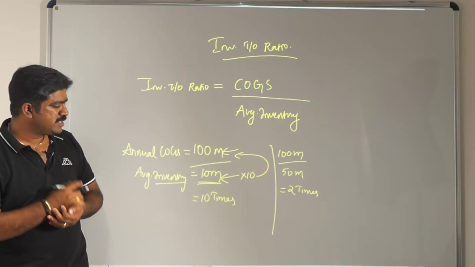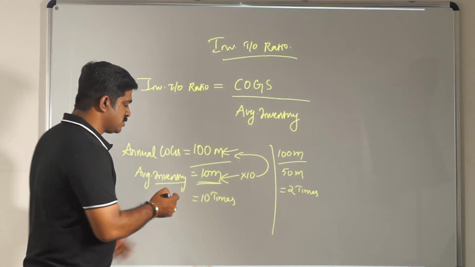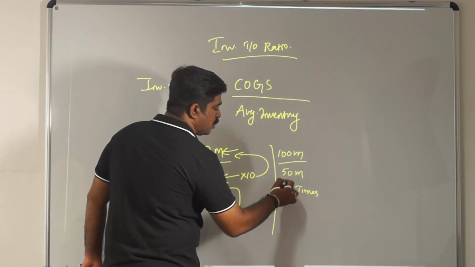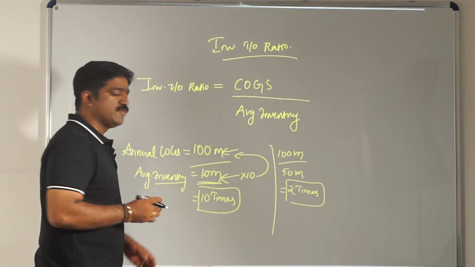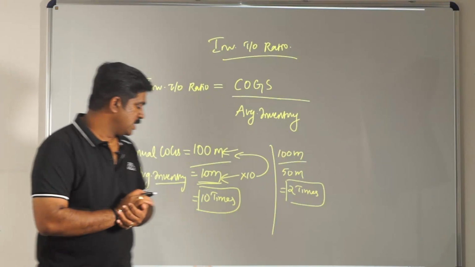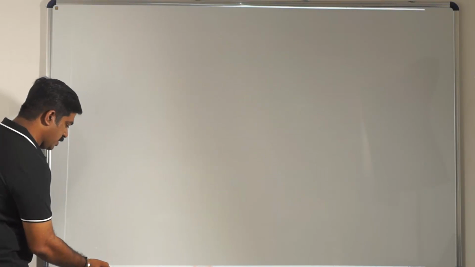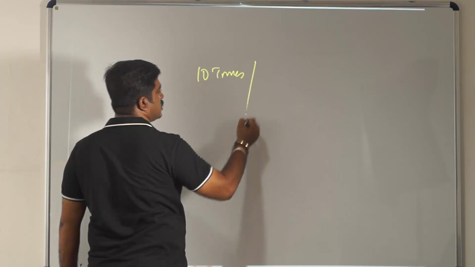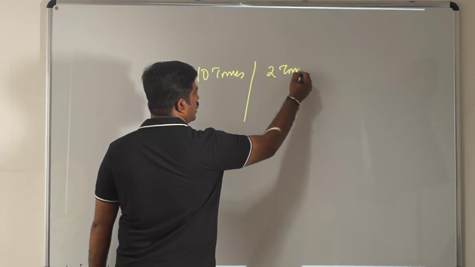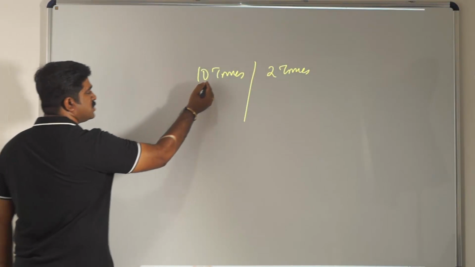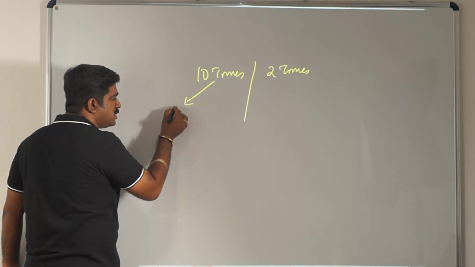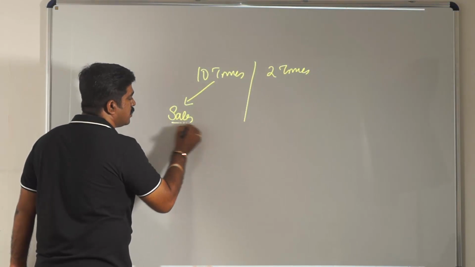Now, what is the difference? What is the benefit you get when inventory is rotated 10 times? What is the benefit you are losing when the inventory is rotated only 2 times? Let's understand that. If inventory is rotated 10 times, it means I am making sales 10 times, right?